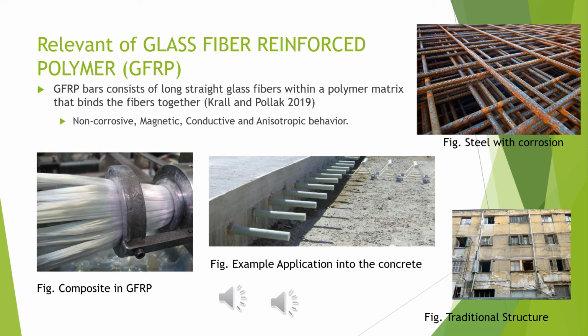Another alternative is to change the traditional process in construction with innovation, using new alternative materials that are more economical and more resistant, according to the modulus of John. In the next slides, I'm going to explain the principal advantages of these fibers, and it's possible to have structures with less weight.